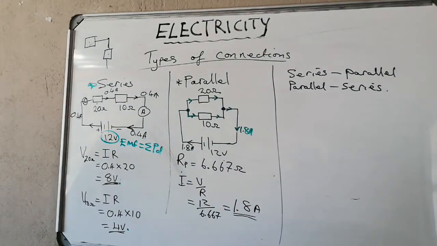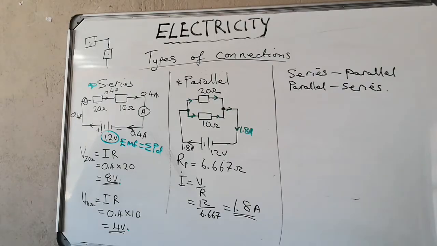Okay, so it's very important to know that current splits in a parallel circuit. But then how do we know how much current splits? We shall go back to our Ohm's law, and then the other thing that we shall say is that the voltage across a parallel connection remains the same.